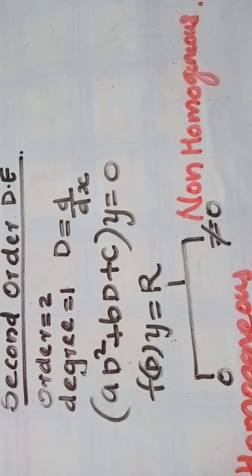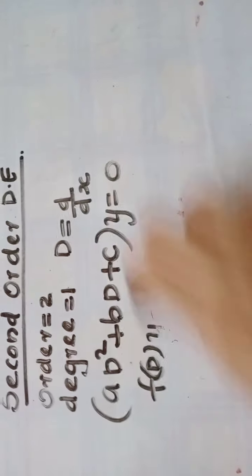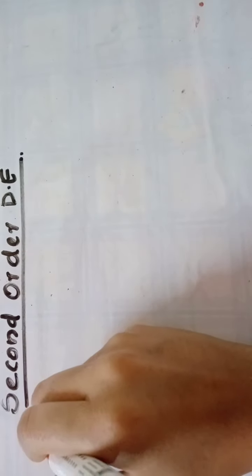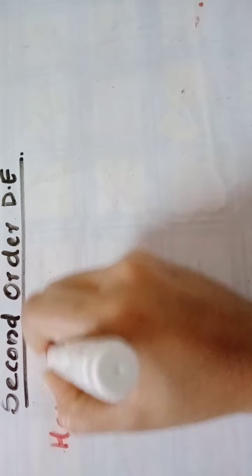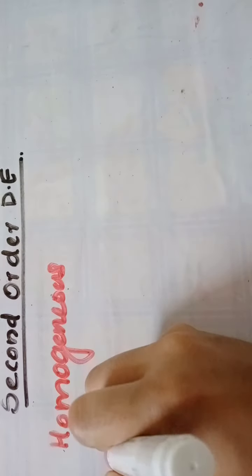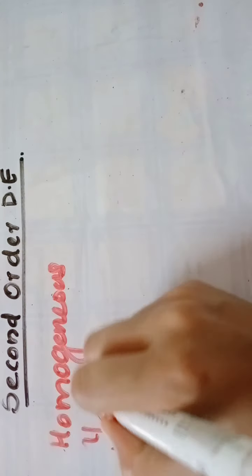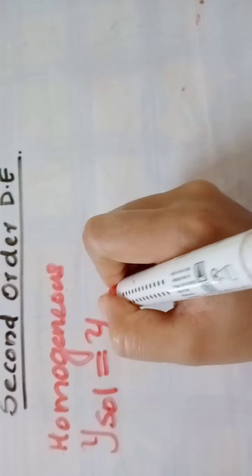So what is the situation of solutions of these homogeneous and non-homogeneous equations? If you are considering a homogeneous second order differential equation, the solution will be y complementary function.